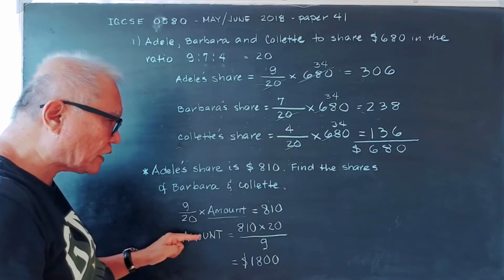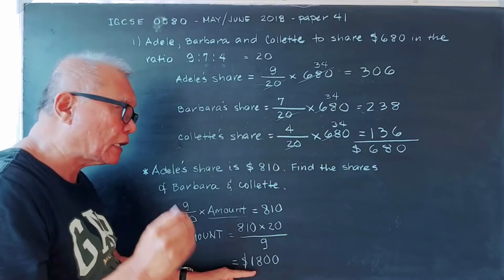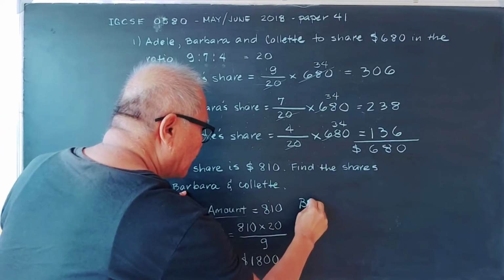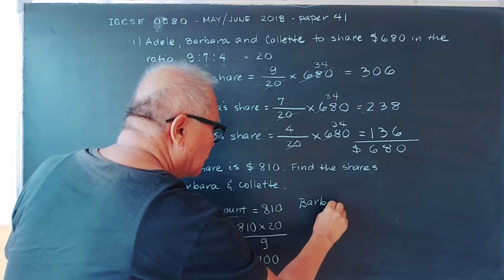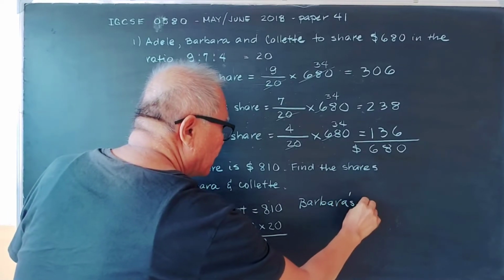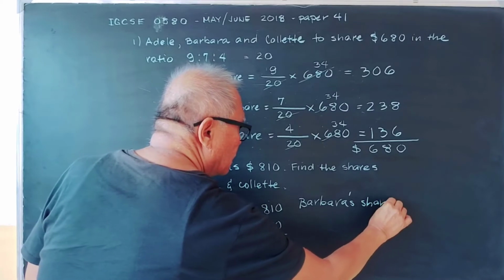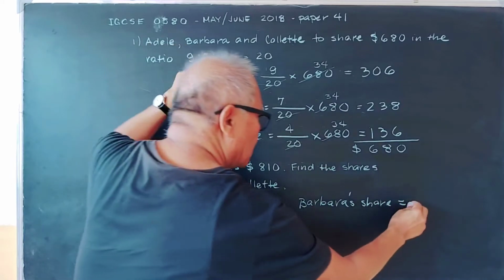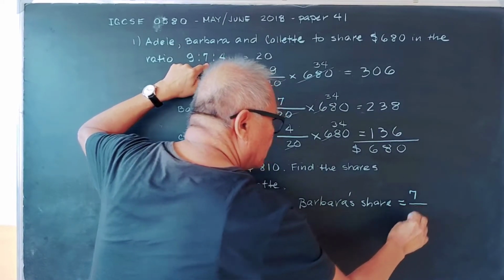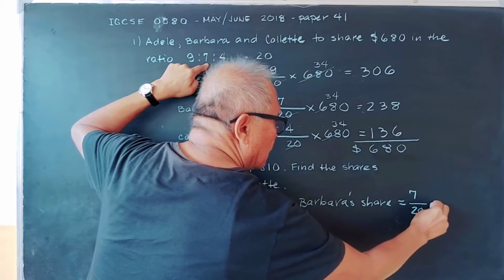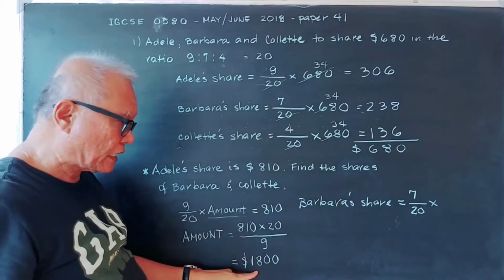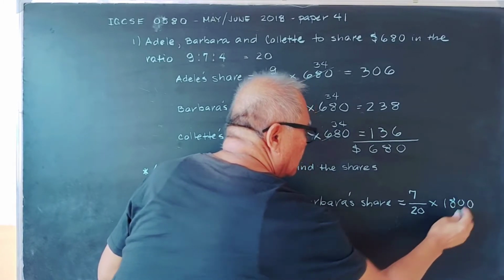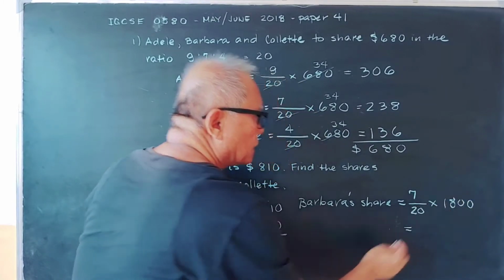After finding the total amount, $1,800, we can now find the share of Barbara. Barbara's share is equal to 7 out of 20 times the total amount, 1,800.